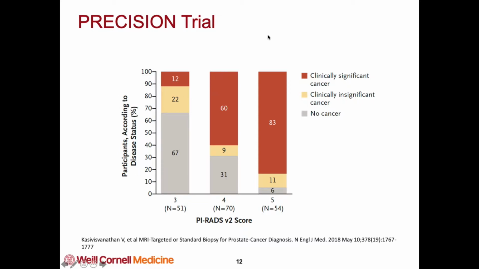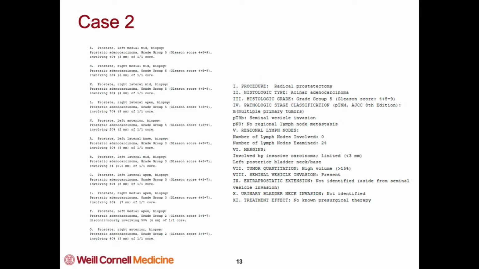So based on odds, he would have potentially a 12% risk of clinically significant prostate cancer. After discussion, this is usually how I talk to patients: if they have a PIRADS 3 or PIRADS 2, you have about a 20 to 10% chance of missing a prostate cancer. He did elect to proceed with a biopsy, so we went ahead and did a biopsy.